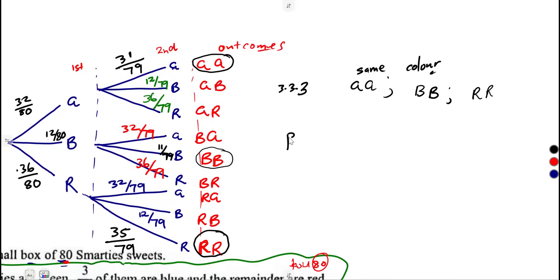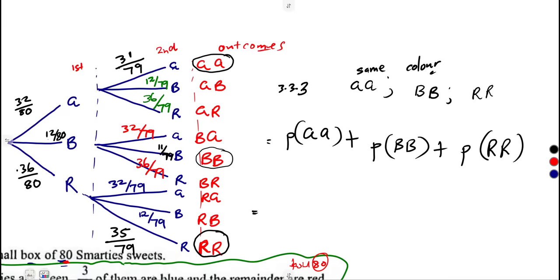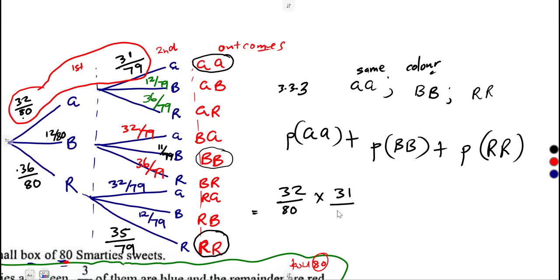So in terms of the probability, we need probability of GG plus, remember, as you move across outcomes, you add outcomes, probability of blue, blue, plus probability of red, red. But along these, we must multiply. G to G like this. You multiply. So that's 32 out of 80 times what? 31 out of 79. You multiply along, all right, plus the BB.